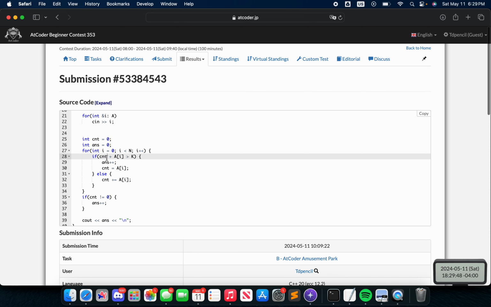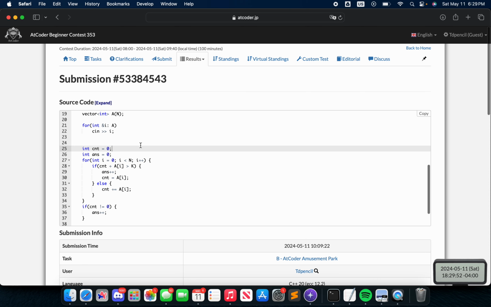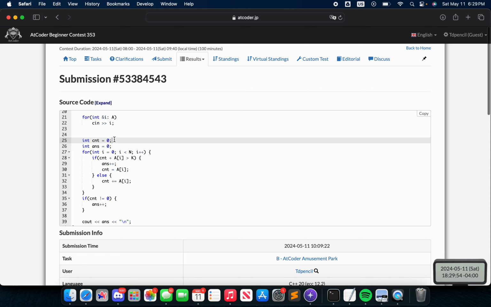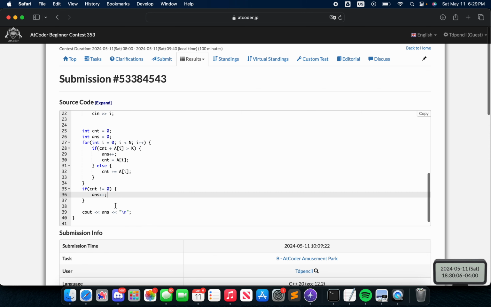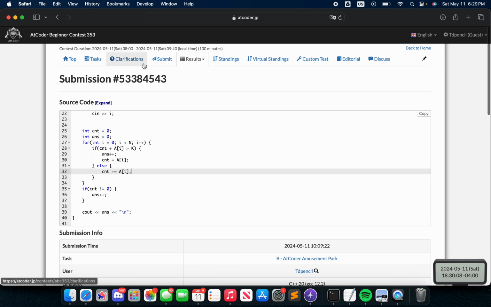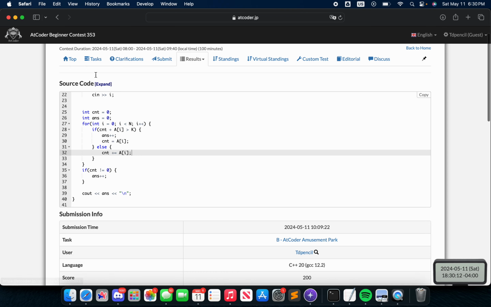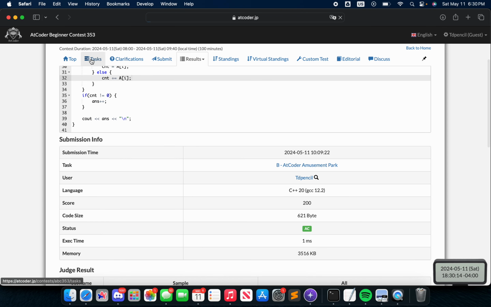Again, if count plus a of i is greater than k, count is a variable that tracks the number of people on the current ride, and then I reset it every single time, so it's fine. Add it to answer, blah blah blah, and then if count's not 0 at the end, add to answer. Count really shouldn't be 0 at the end, so I should probably just say ans plus plus, but whatever. So that's problem B.